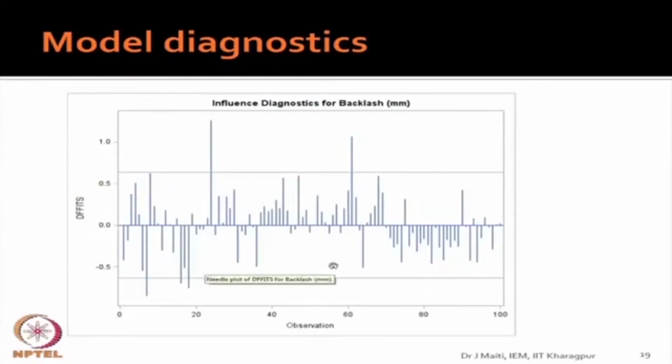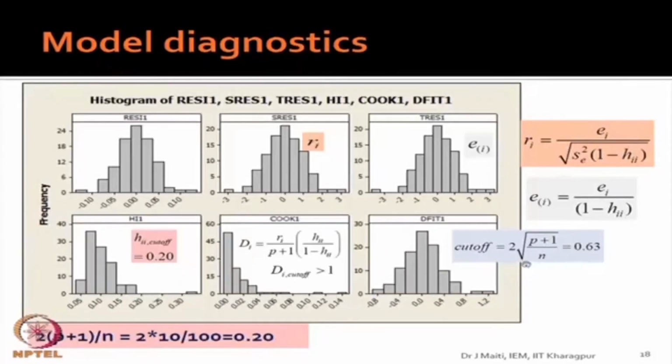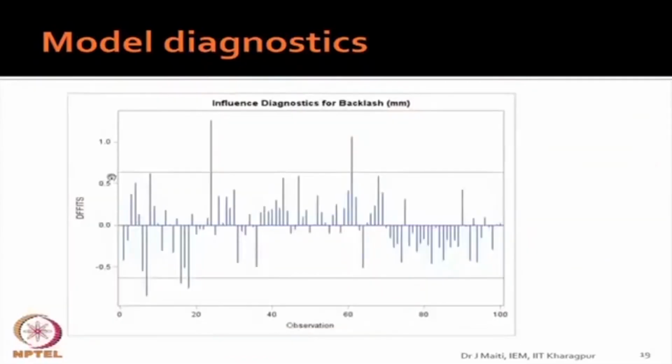I will go to the earlier slide, it will be clear. This is the 0.63 cutoff. So if you put an absolute cutoff value of 0.63 and plot all the 100 observations, you see some observations crossing it. I can say 1, 2, 3, 4, 5 observations are influential observations.